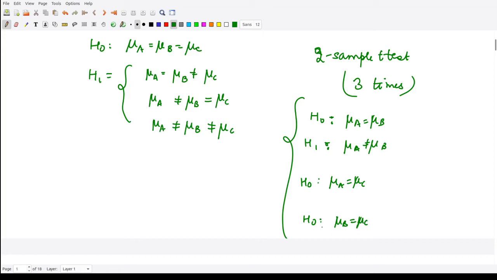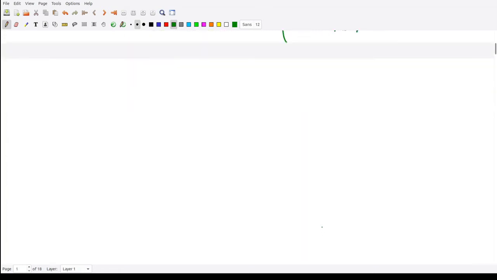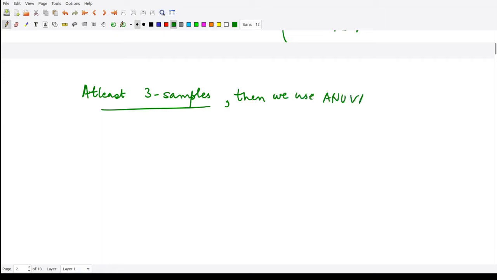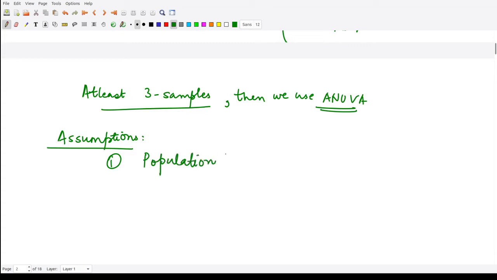So for that we require, whenever we have at least 3 samples, then we use this ANOVA. So what are the assumptions of using ANOVA? That means when can you use ANOVA? First thing is that whenever the population follows normal distribution, in that case you could apply this ANOVA.